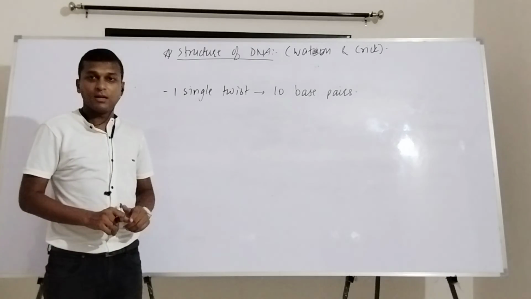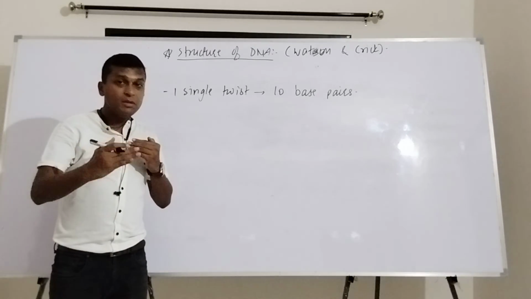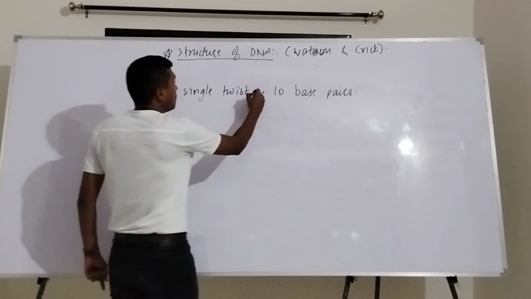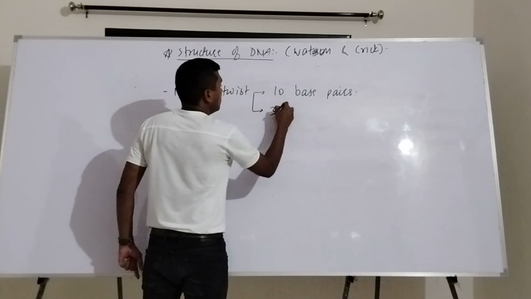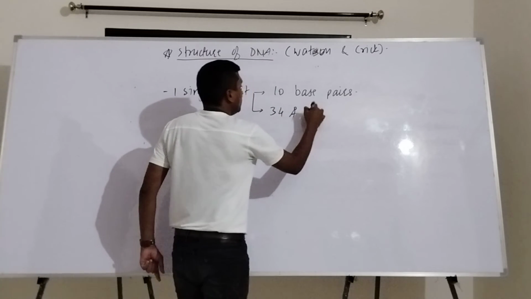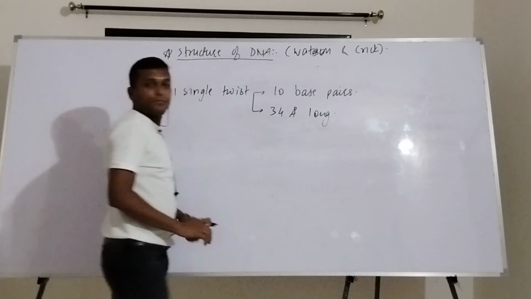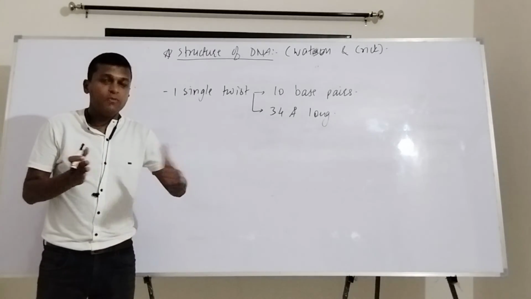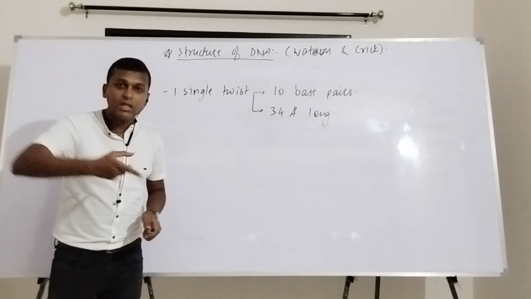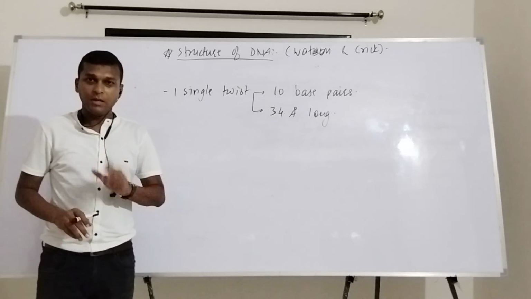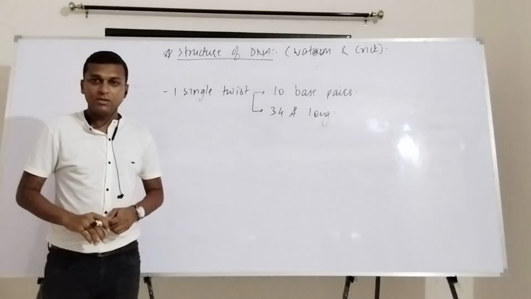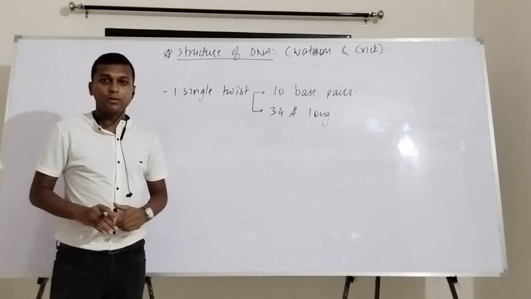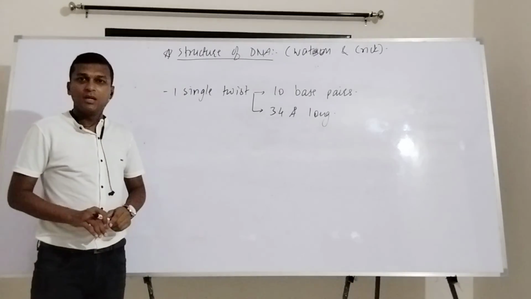When the distance between one base pair and the second base pair is 3.4 Angstrom units, the single twist of the DNA is around 34 Angstrom units long. DNA is not only a single twist long, so we are just taking it as an example. One single twist contains 10 different base pairs of nucleotides. DNA is a very long molecule, but this is one of the basic structures.